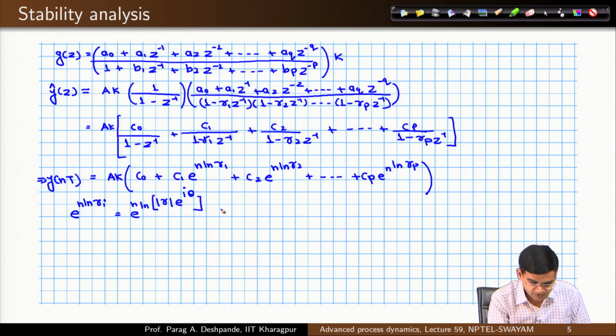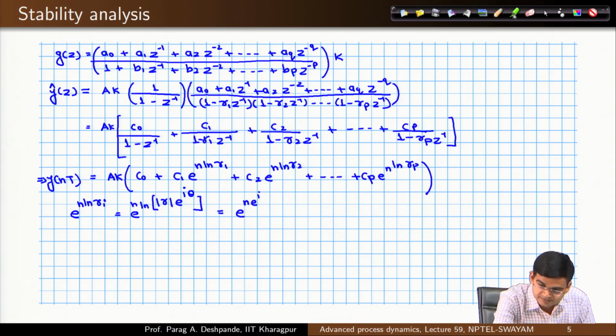And therefore, this would result in e to the power n times i theta, e to the power ln modulus of r.